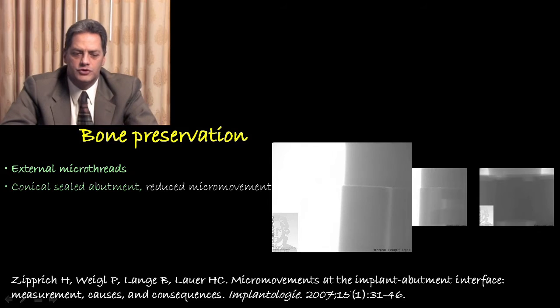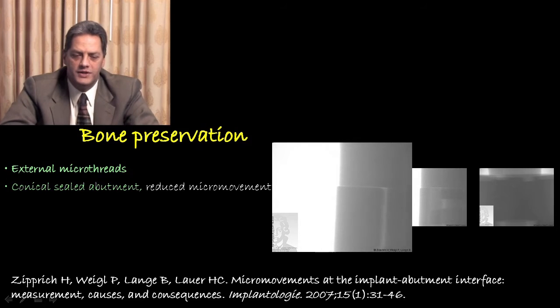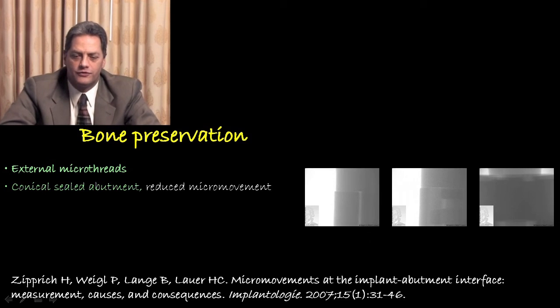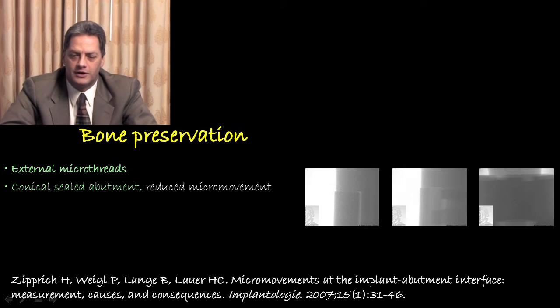When we're talking about reduced micromovement, described by Zipprich, he has movies where he shows the micromovement that takes place on a flat-to-flat connection, as we can see on the very first movie. On the second movie, we also have a micromovement that takes place on a flat-to-flat connection.